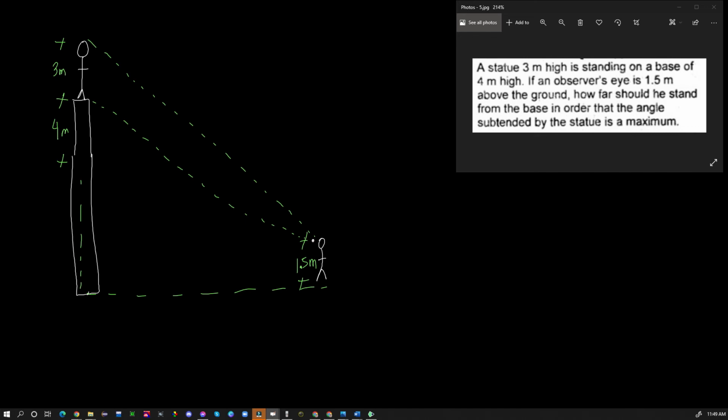Ang sa 4 meter nga kuan ni. 4 meter daw na. Okay?